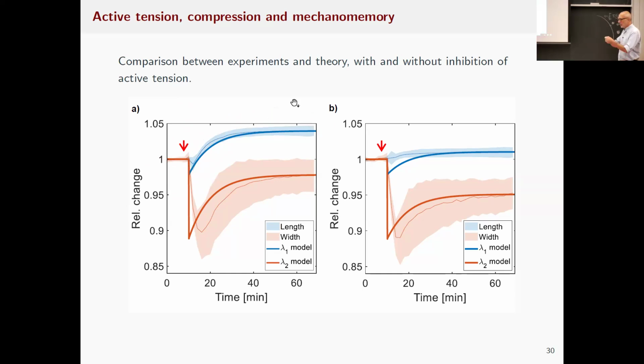So this was the initial position, and after dextran, there is a small compression, and then there is a relaxation, which is surprising because they are compressed. And so this is the longitudinal length, which is proportional to the longitudinal stress, and this is the transverse one.